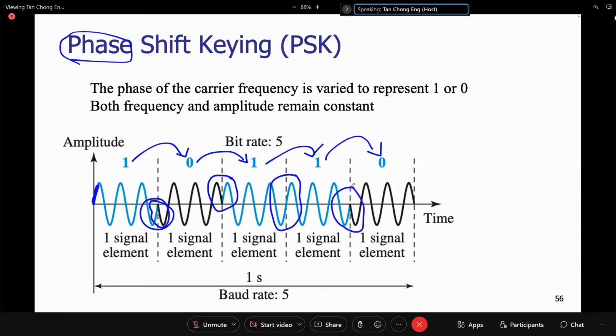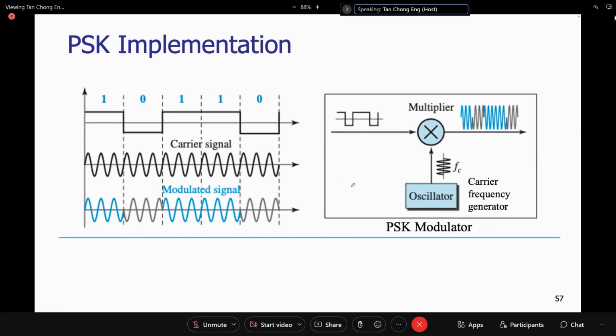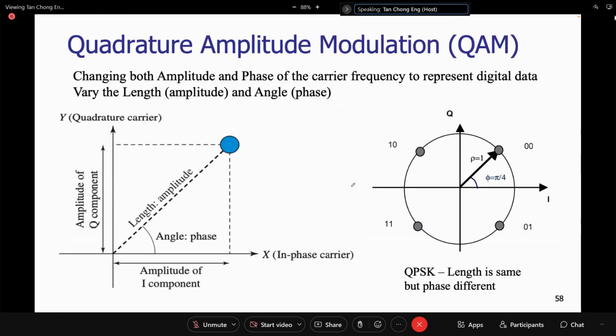So every change of phase indicates a change of value, either from 1 to 0 or from 0 to 1. This part is a little bit confusing because you have to imagine it in a circle. Okay, so these are the PSK implementation.